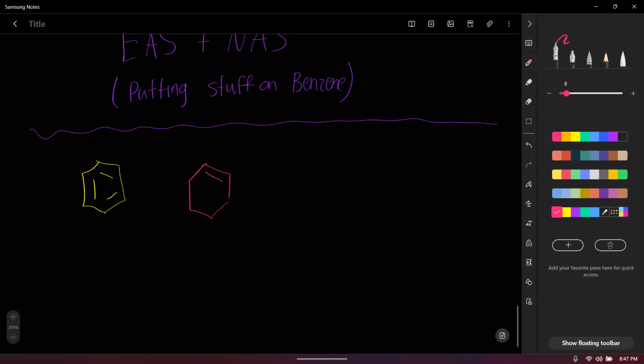Hopefully you remember from Orgo 1 that if you have an alkene and you add something like HCl to it, then what you will get is this. So you might say that this is basically just an alkene in disguise.